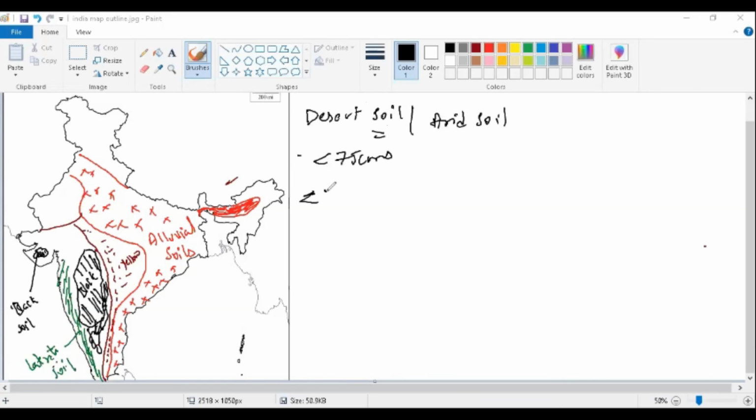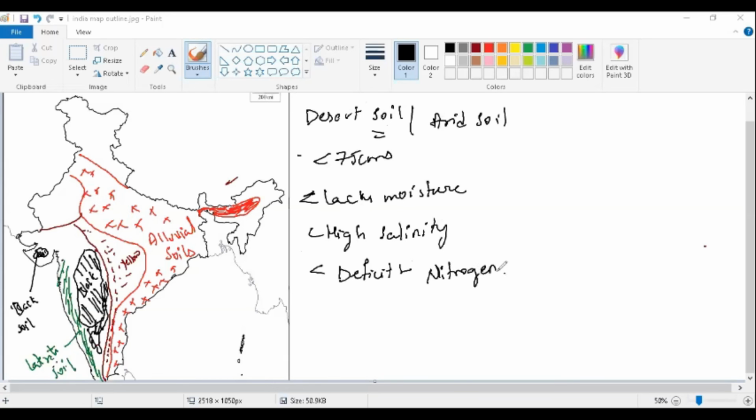So obviously it lacks moisture, with high salinity due to evaporation, and deficient in almost all nutrients, but in particular nitrogen. The texture is sandy, and the color it possesses is red to brown.